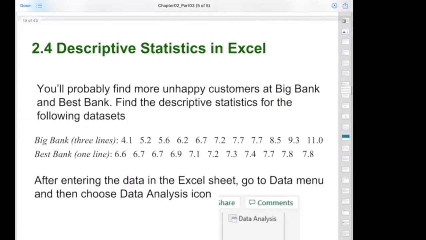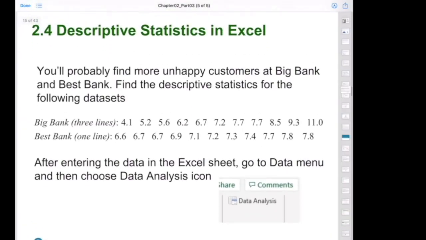Actually, you have here an example for Excel. I will show you, of course, how to do that in Excel as well. But let me talk about the example here first. Here you have 2 data sets about big banks and the best banks. You have the data here. This data is about customers rating the service in these 2 banks.